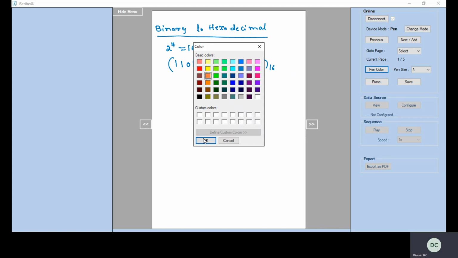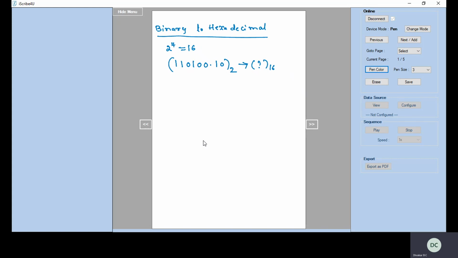Since 2 to the power of 4 equal to 16, we are going to group 4 bits. So this is the least significant bit and this is the most significant bit. After the decimal point, trace from MSB to LSB, whereas before the decimal point, trace from LSB to MSB.